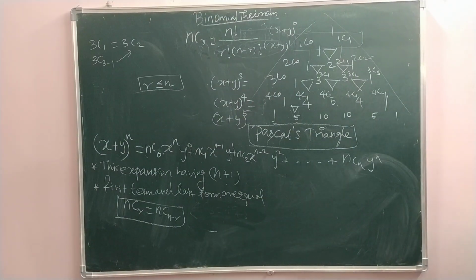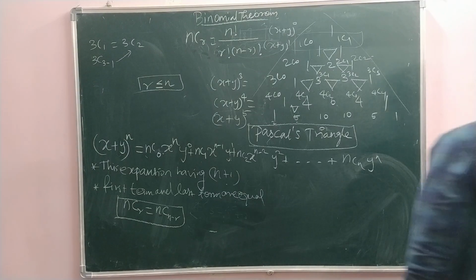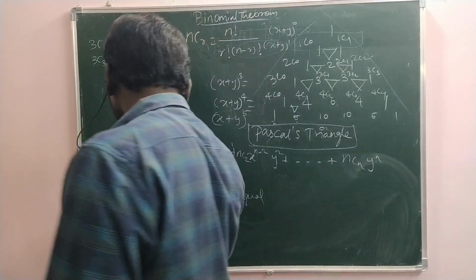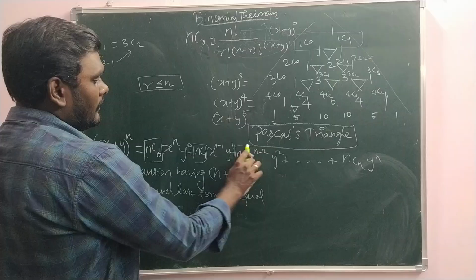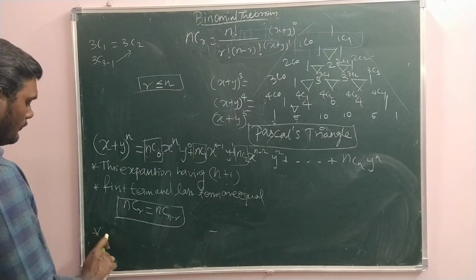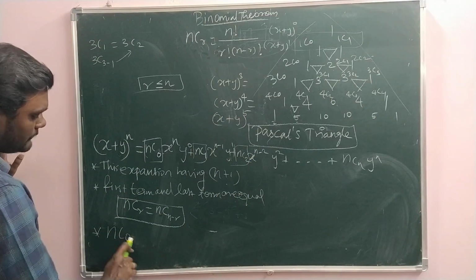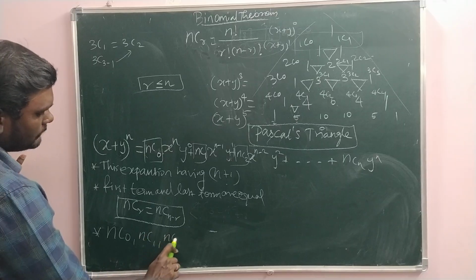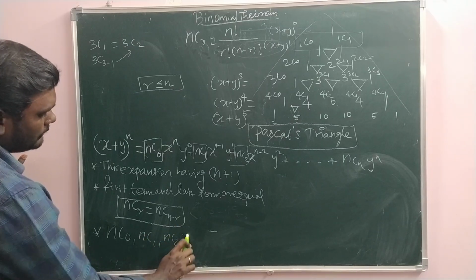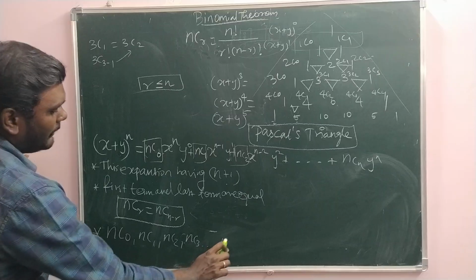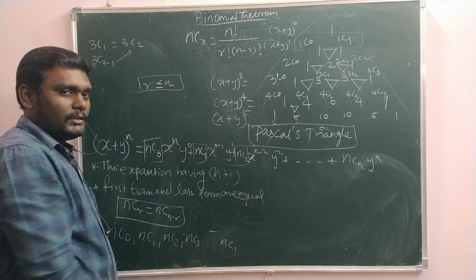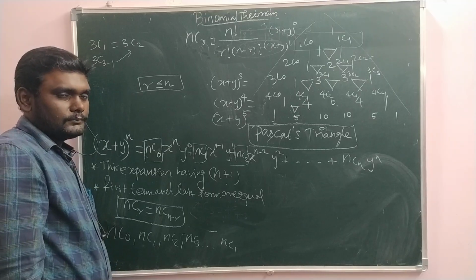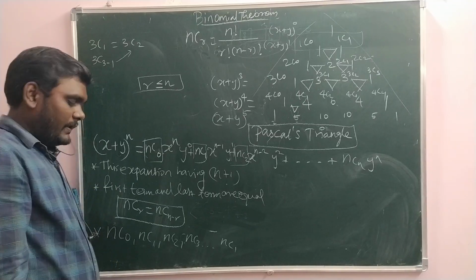And some other observations could be done. That is the binomial coefficients. This nC0, nC1, nC2 up to nCn, simply the numerical coefficients of the terms, are called binomial coefficients.